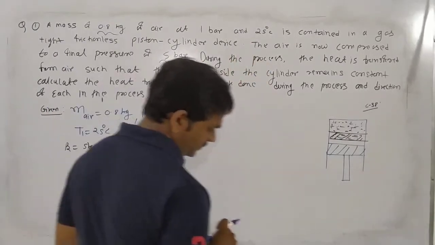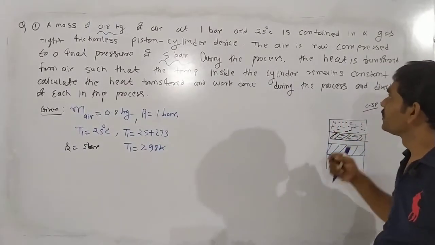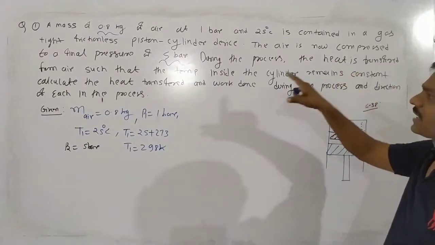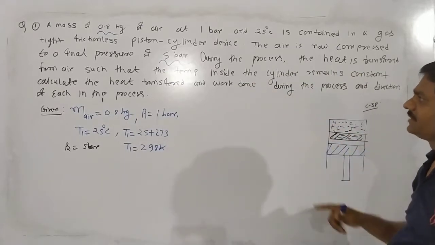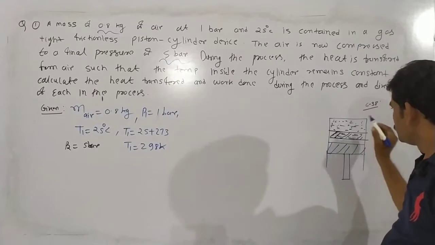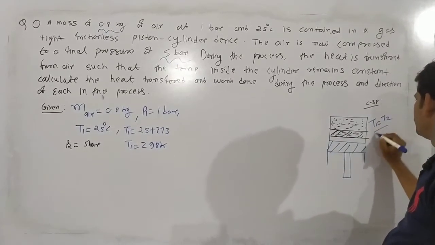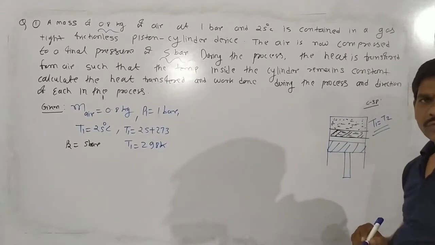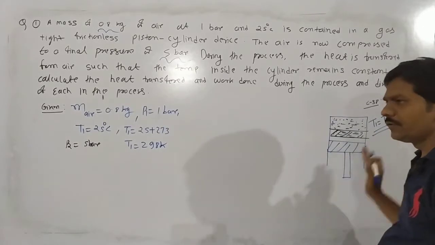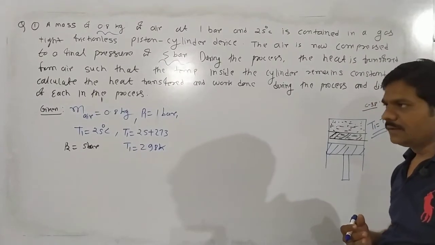During the process, the heat is transferred from the air such that the temperature inside the cylinder remains constant. During the complete process, the temperature remains constant. T1 is equal to T2, which is nothing but the isothermal process, or constant temperature process.